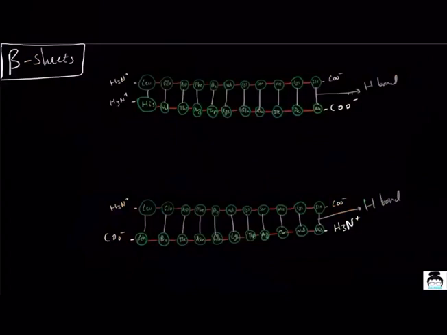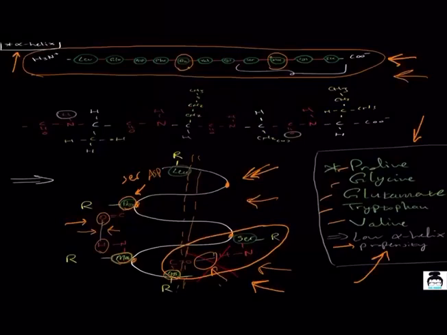Now, there's a huge difference between beta sheets and alpha helix, obviously. One major difference is that, notice in beta sheets, we have one chain of amino acids here and another chain of amino acids here. So you have two separate chains of amino acids, of polypeptides. They're connected by the same hydrogen bond, but this hydrogen bond connects two different chains.